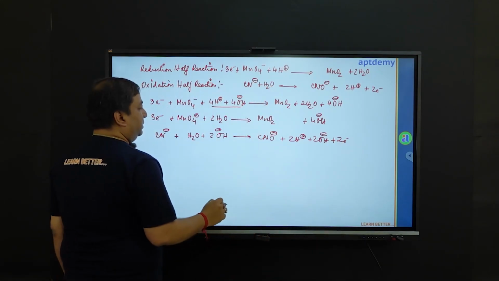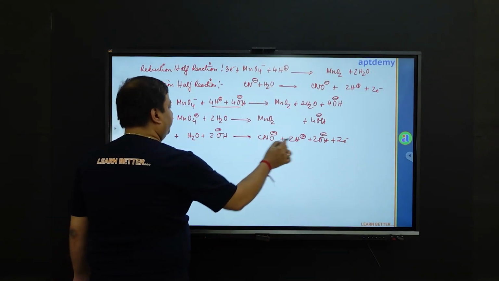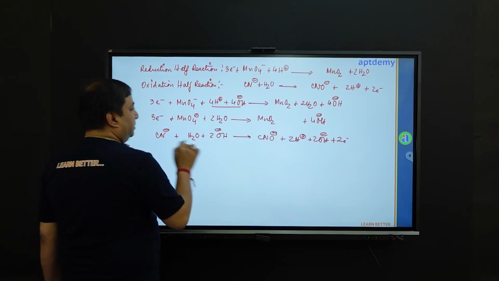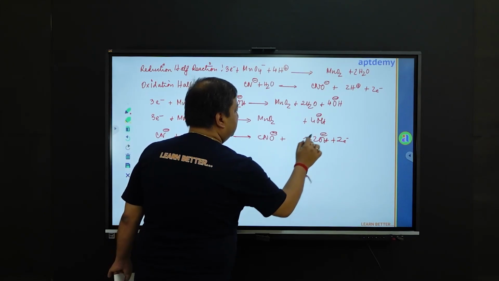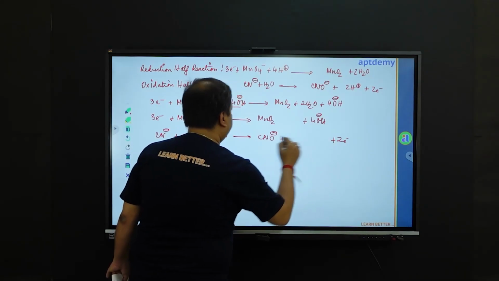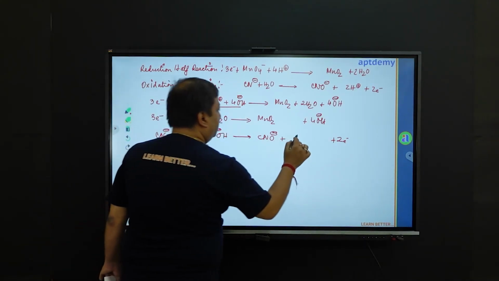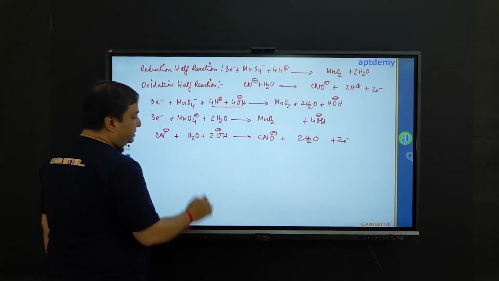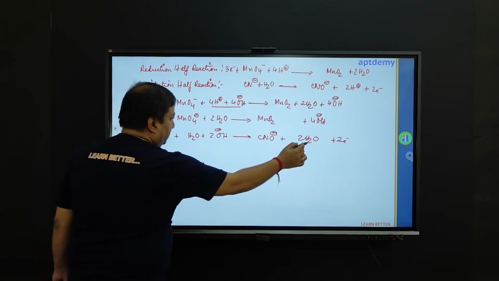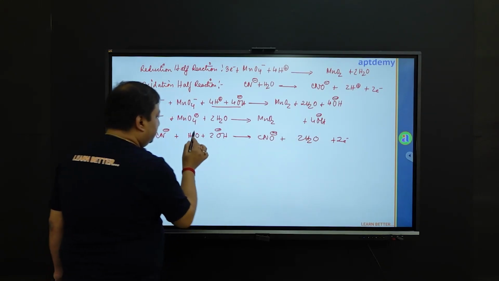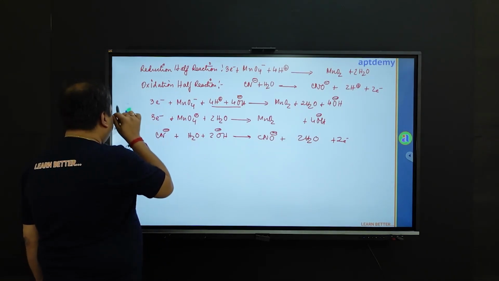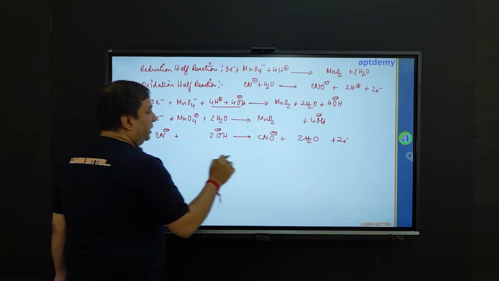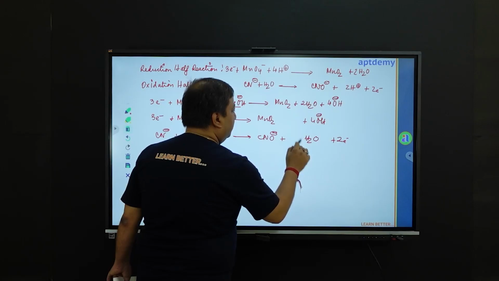So now we write two water molecules, and again, here there are 2 water molecules and there is 1 water molecule on the left, so we cancel one and write only 1 water molecule.